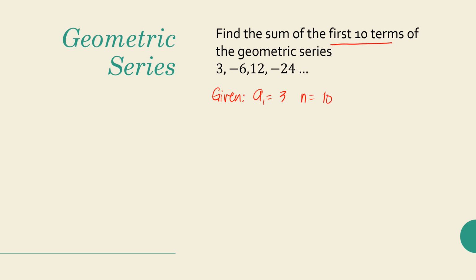And of course, we need to find the common ratio. -6 divided by 3 is -2. 12 divided by -6 is -2. -24 divided by 12 is -2. So the common ratio is -2.